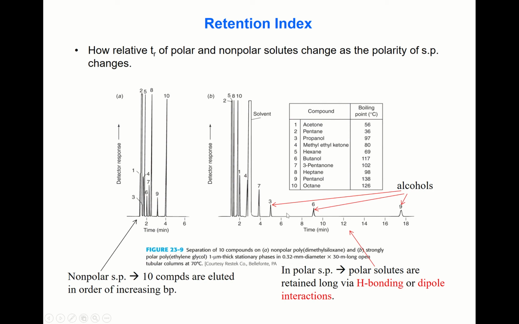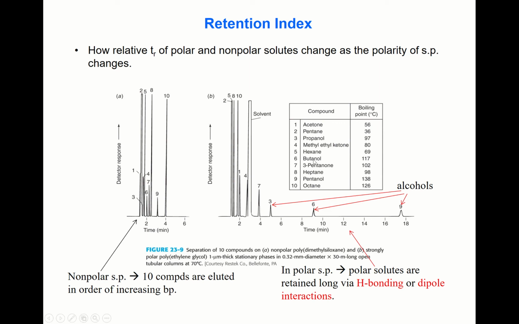But in this chromatogram, with the strongly polar stationary phase, the order is quite unexpected. Compound 2, pentane, was eluted first. Why?